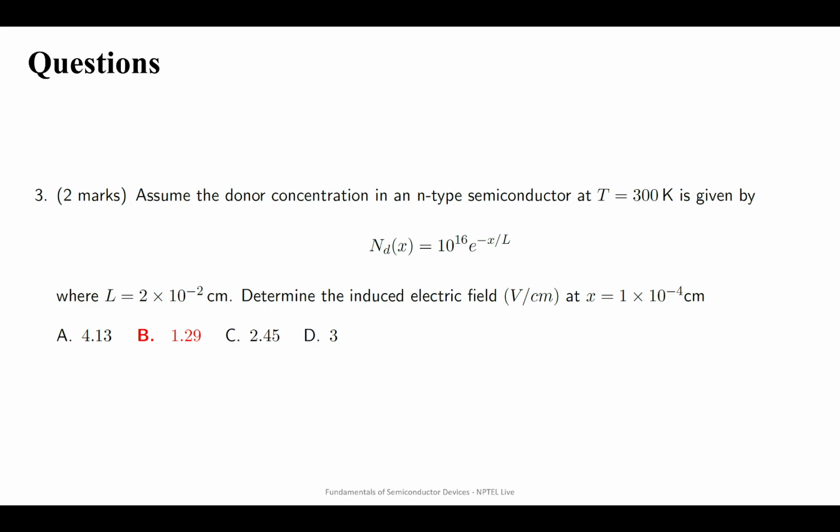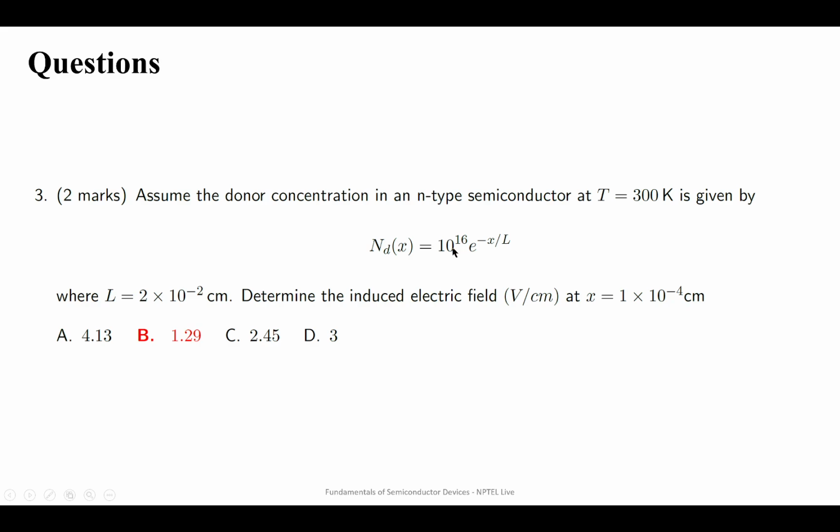So you will have then minus dEi by dx equals kT d of ln Nd by ni by dx. So if you put Nd is 10 power 16 e power minus x by L, and ni is 10 power 10, this 10 power 16 by 10 power 10 will become 10 power 6.